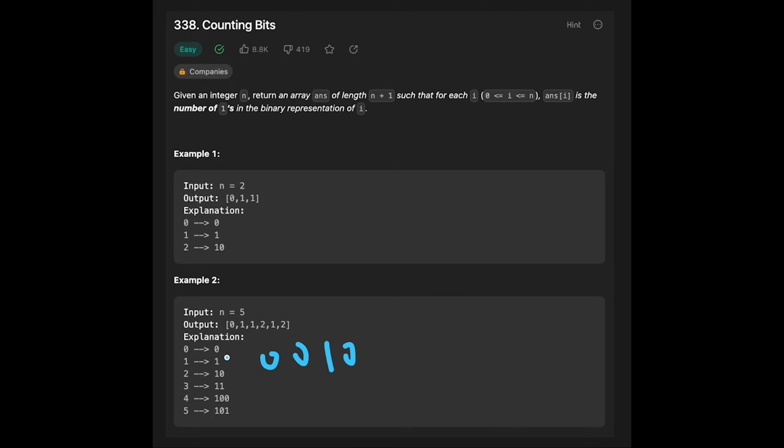That's why output is 1 here, right? 3 is like 0, 0, 1, 1, and there are two 1s in the binary representation, so the output is 2. 4 is like 1, 0, 0, so the output is 1. And 5 is 1, 0, 1, so there are two 1s, so the output is 2.